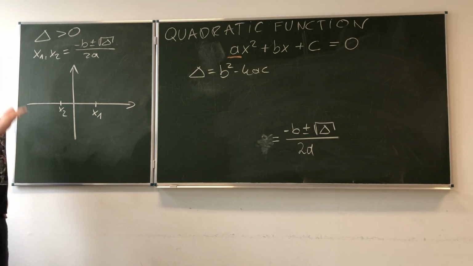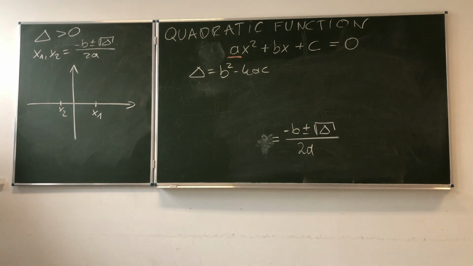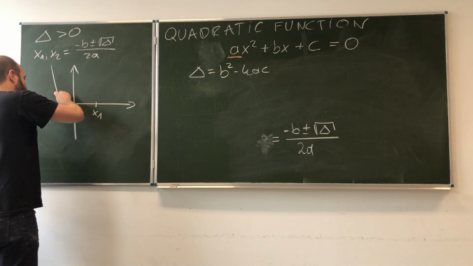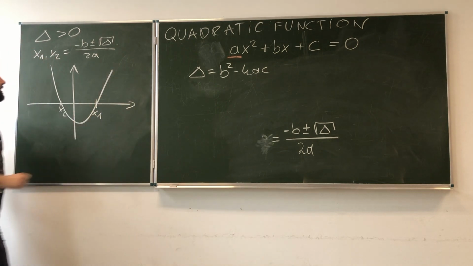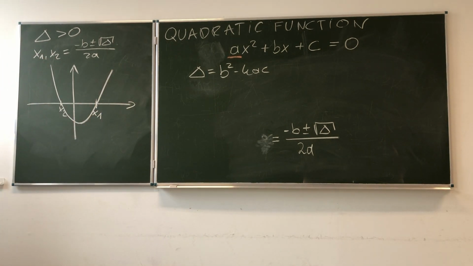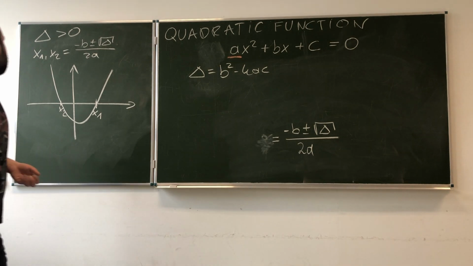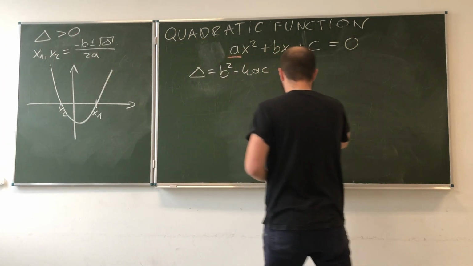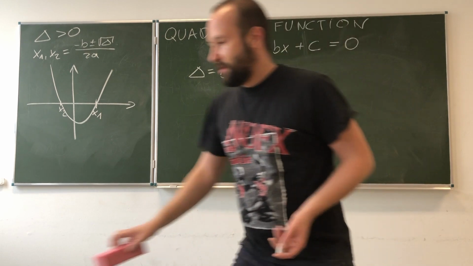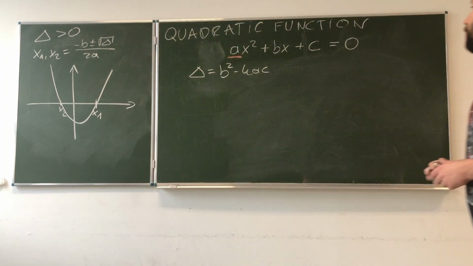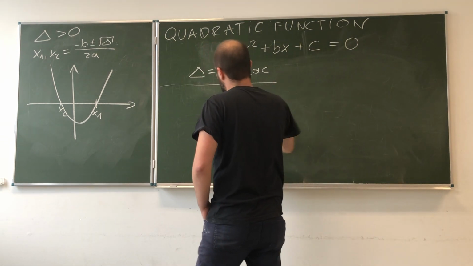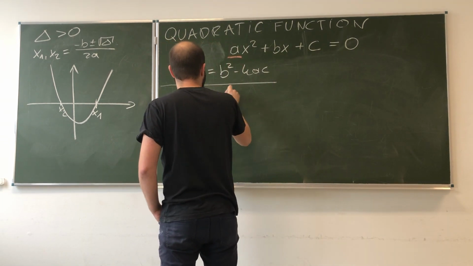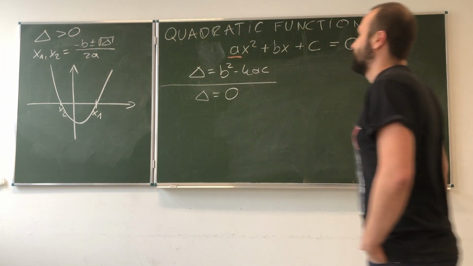And of course, let's assume for simplicity that a is bigger than 0, then our parabola will look like this. Okay, so this is the case number 1. What if now it turns out that we calculated delta, and delta is equal exactly to 0.